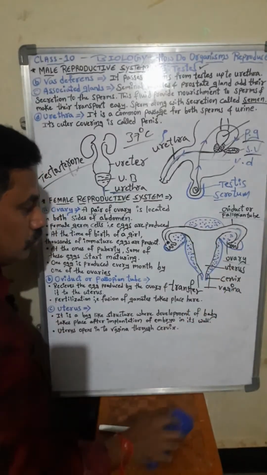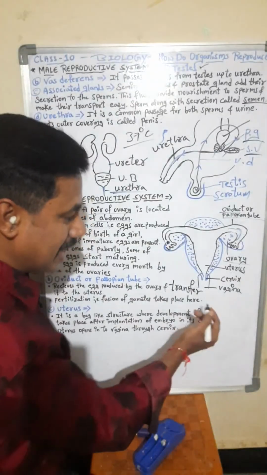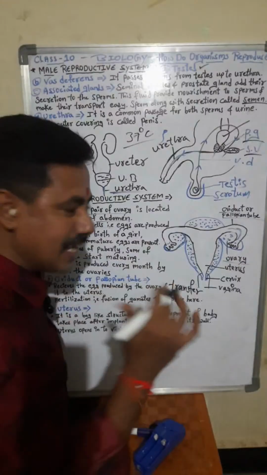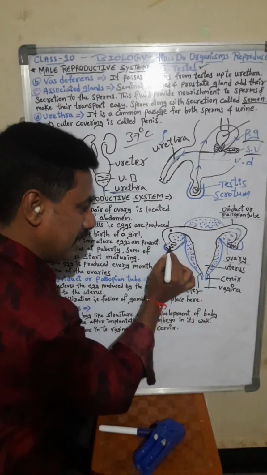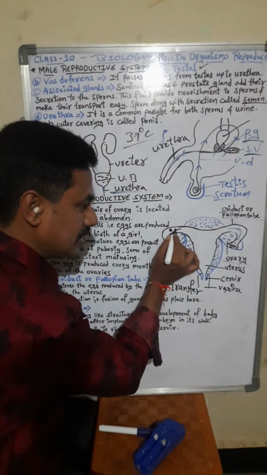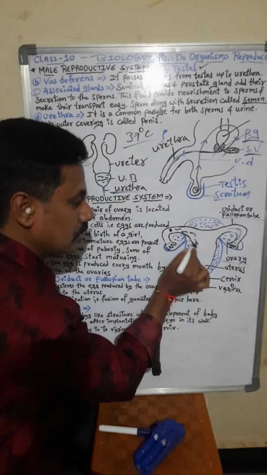And also, if fertilization is taking place, male gametes are coming here. So where does the fertilization take place? If the egg is coming from the ovary, fertilization takes place in the fallopian tube only, students.